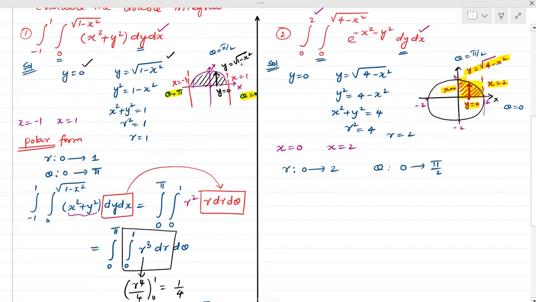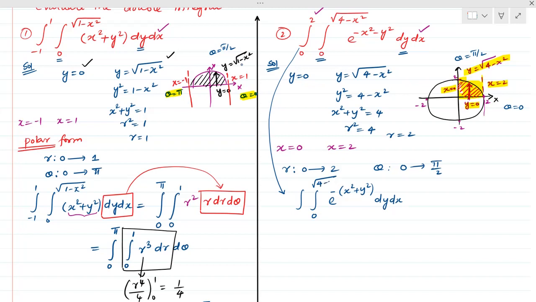Now I will integrate this. The given integration, we will convert into polar form. How will you convert? It is a double integral of e to the power of minus (x square plus y square) dy dx, where y goes from 0 to square root of 4 minus x square and x from 0 to 2.